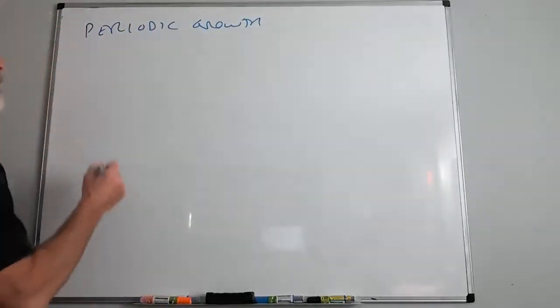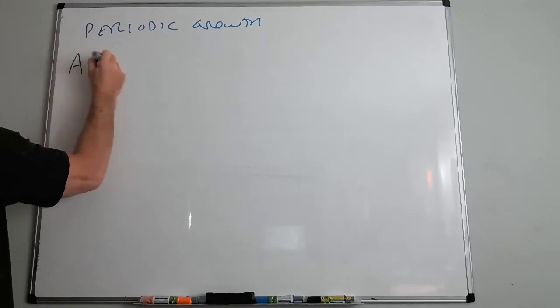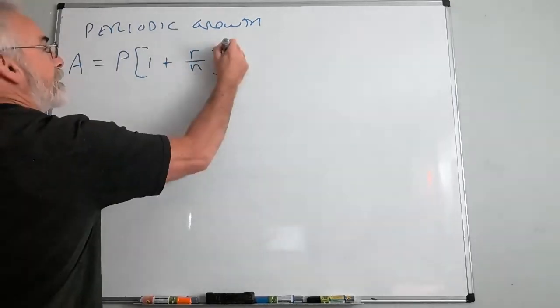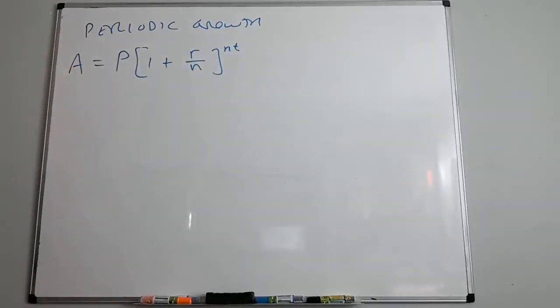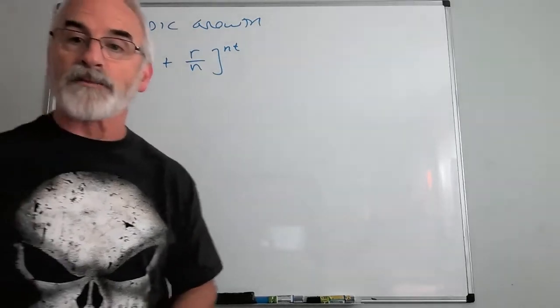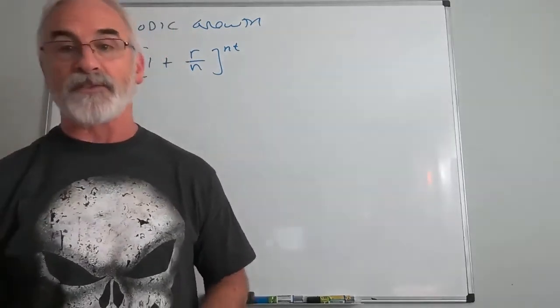The formula for periodic growth is the accumulated amount equals principal times 1 plus r over n to the nt, r being the interest rate as a decimal, n is the number of times per year you're compounding, and t is the number of years.